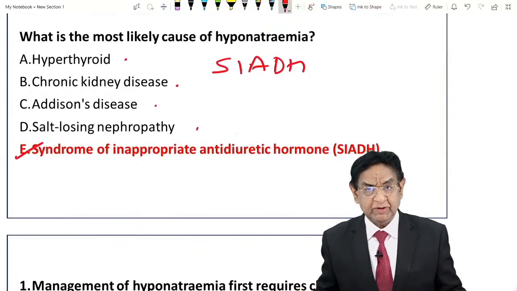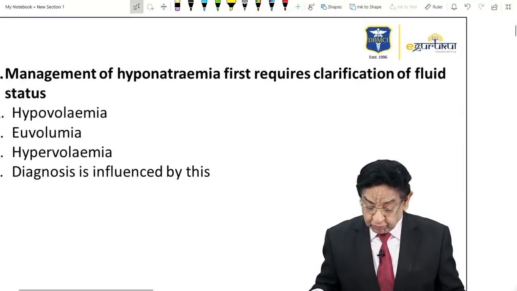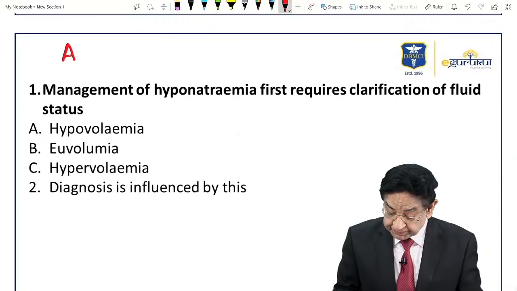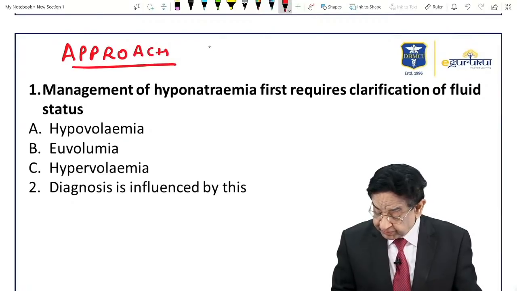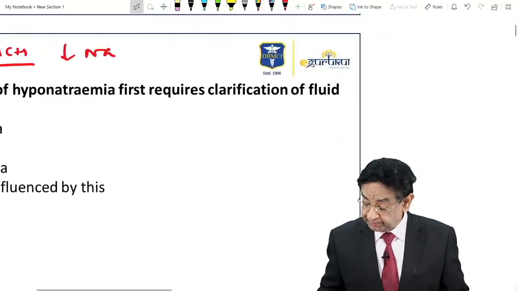So the question is about hyponatremia. So how to approach a case of hyponatremia? But before that, we should know what is normal serum sodium.